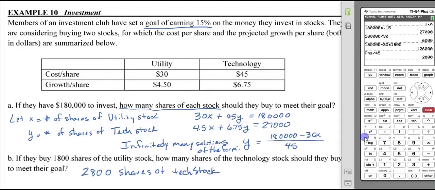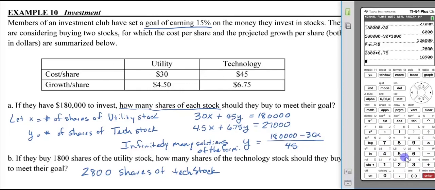Okay, so we can double check that. If we do the 2,800 and multiply that by the technology stock growth, which is 6.75, you get that.